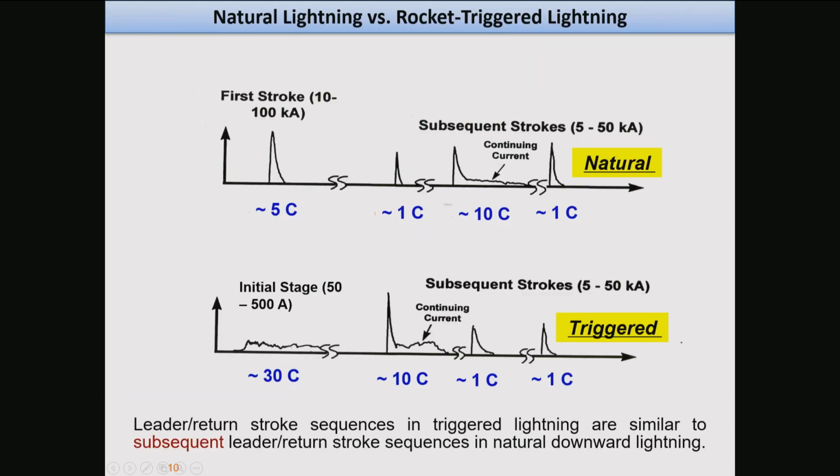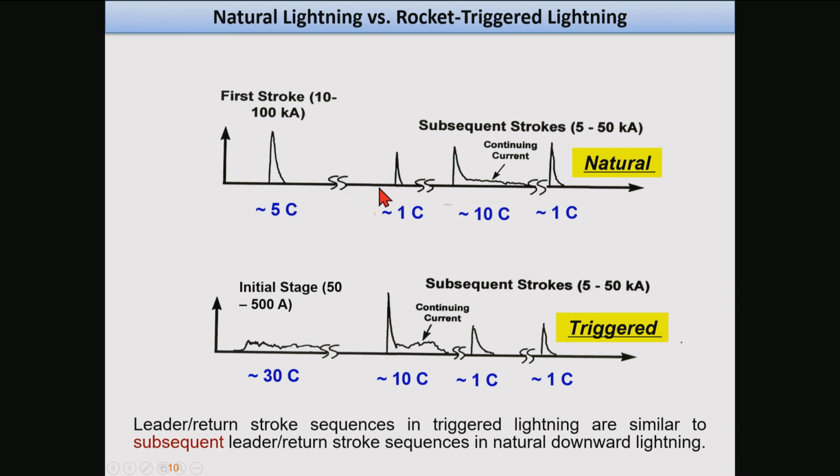This is just to show the difference between rocket-triggered lightning and natural lightning. You can see sketches of current records at the channel base. For natural lightning, we have a stepped leader, which is not producing any current at ground, followed by the first return stroke, shown here.